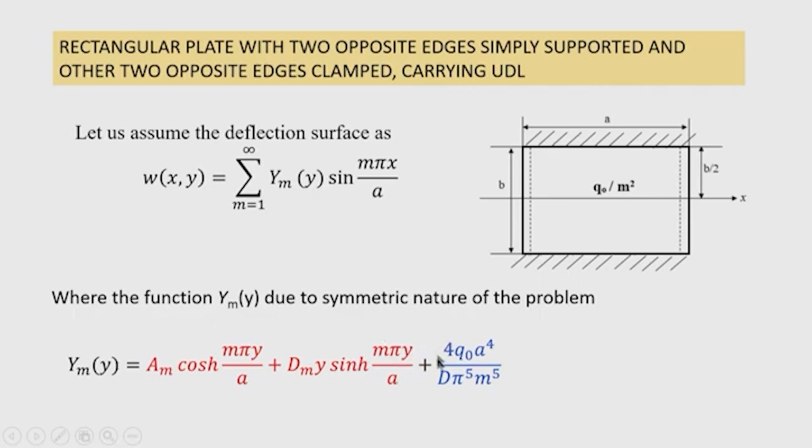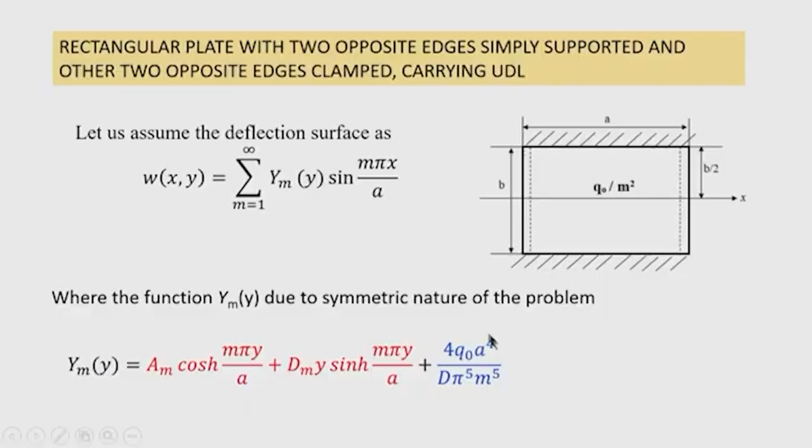But the term written in blue is a particular integral, because the loading is constant here. So, the particular solution is also assumed as a constant, and after substituting in the differential equation, the solution is obtained as 4 q naught a to the power 4 divided by D pi to the power 5 m to the power 5. So, this particular solution is due to the load acting on the plate.